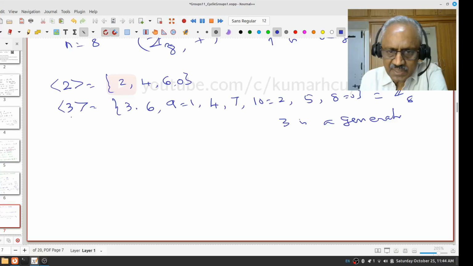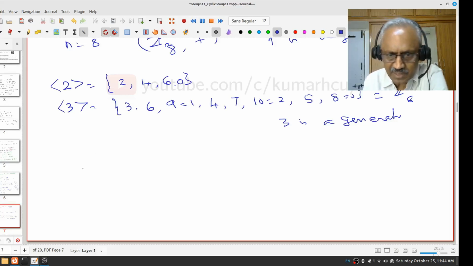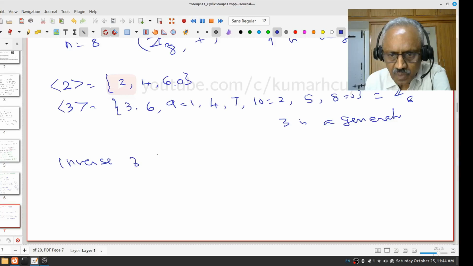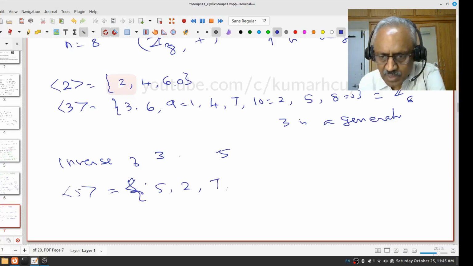Since 3 is a generator, its additive inverse in Z8 must be a generator. What is the additive inverse of 3? It is 5. So let us look at 5. 5 plus 5 is 10, which is 2. 2 plus 5 is 7. 7 plus 5 is 12, that is 4. 4 plus 5 is 9, which is 1.